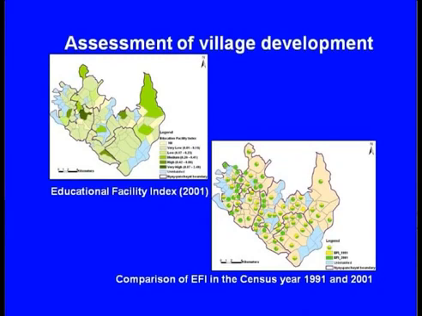In order to make the assessment of village development, certain indices have been worked out, that is the educational facility index, and this normally shows very low values. A comparison between the census years 91 and 92 has also been shown, and we find that there has been very little improvement in comparison to the past census year.